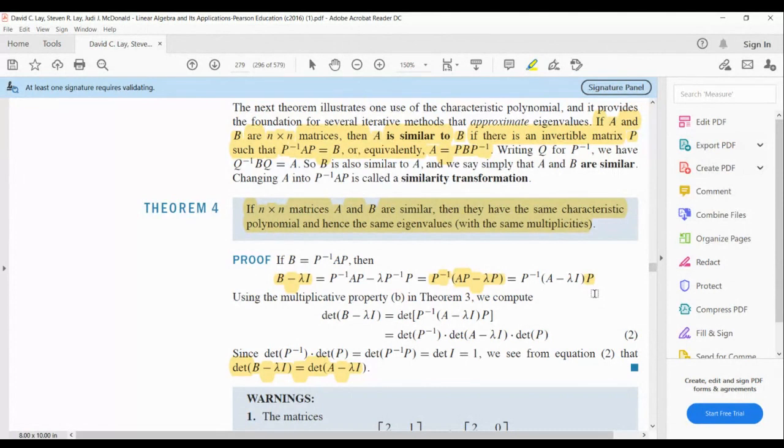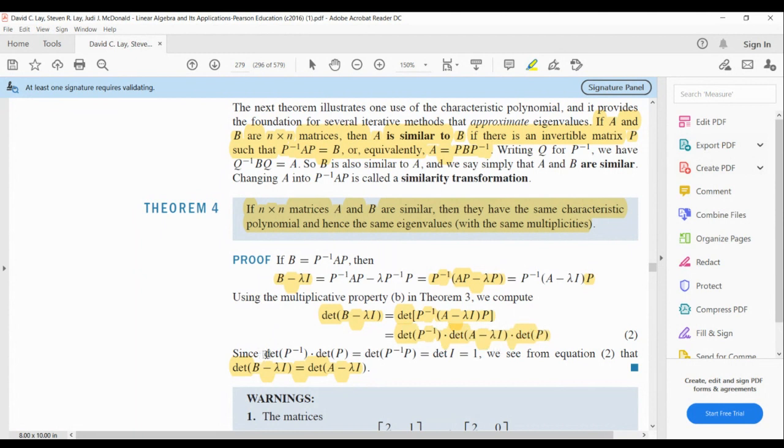Then they take the determinant of B minus lambda I. The determinant is the determinant of the product P inverse times A minus lambda I times P. We know the determinant of the product of two matrices is the product of the determinants, and that's what they use here.